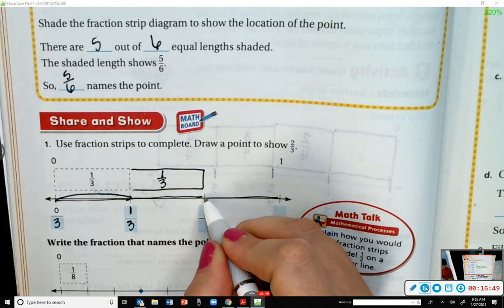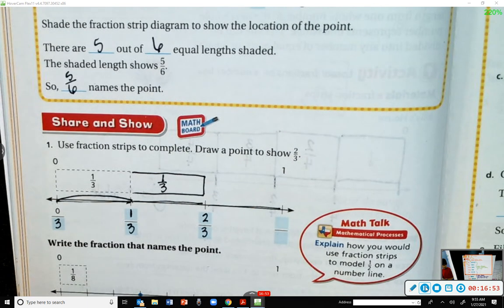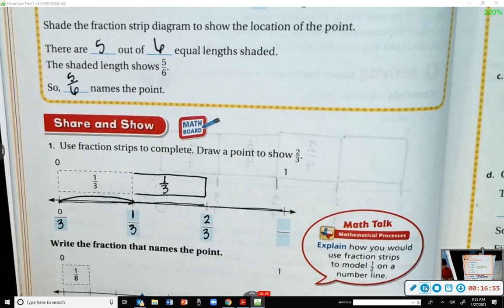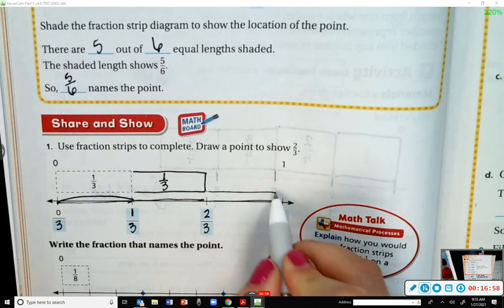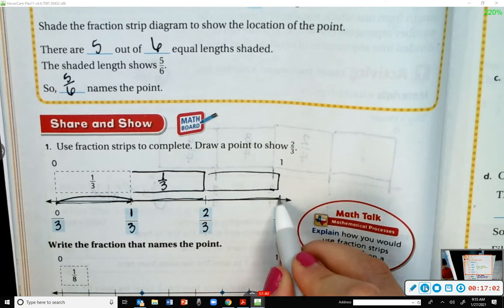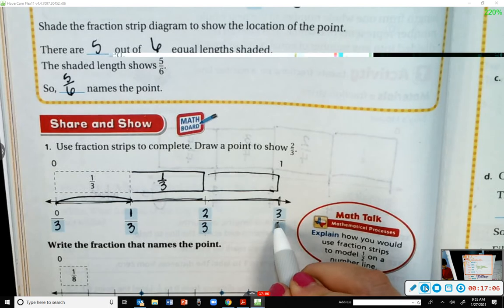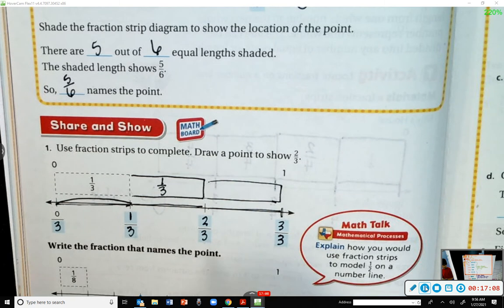And the next point on the line would be 2/3. Then 3/3. I draw another fraction strip. And good. This is at the end. After 2 comes 3. So it would be 3/3.